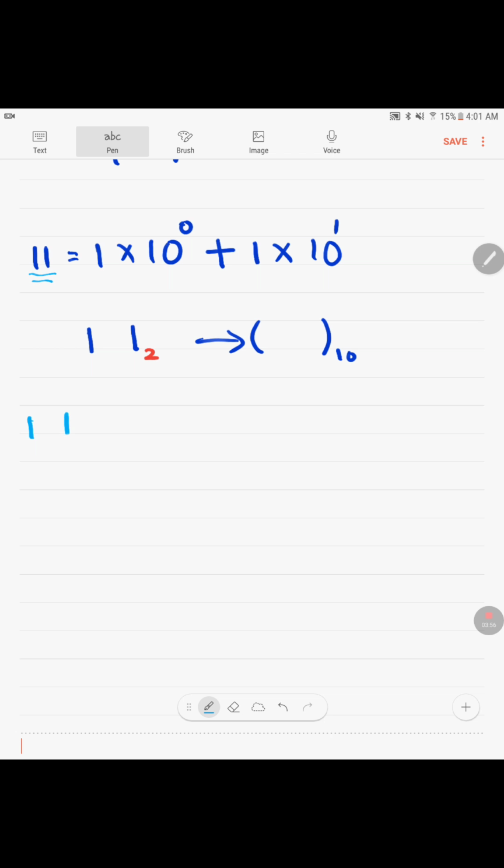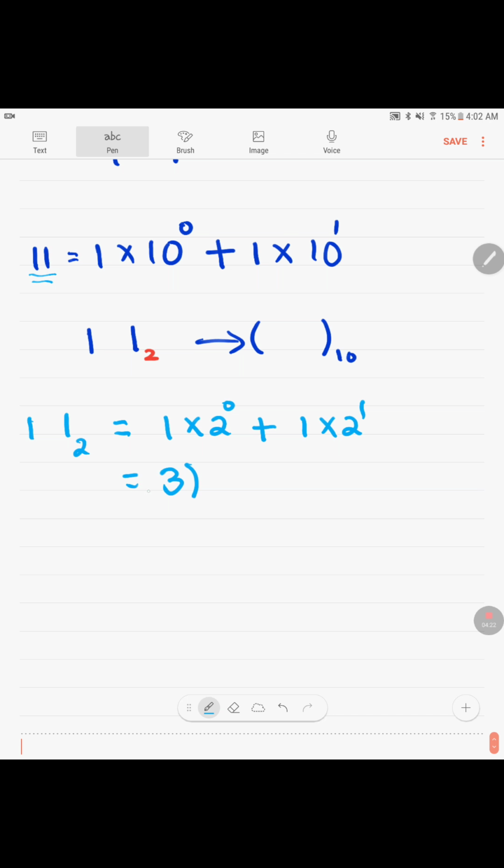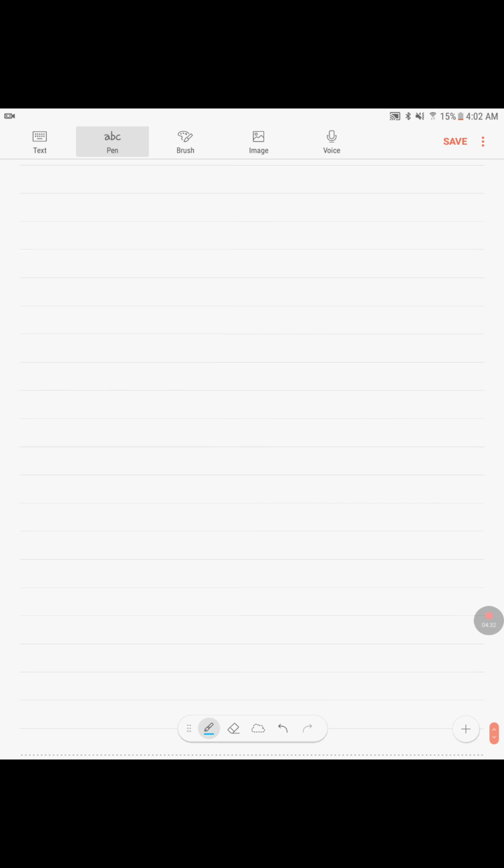So 1 1 base 2 is equal to 1 times 2 to the 0 plus 1 times 2 to the 1, which in our decimal or base 10 is just 1 plus 2, which is 3. So we could write 3 in base 10. Amazing, isn't it?